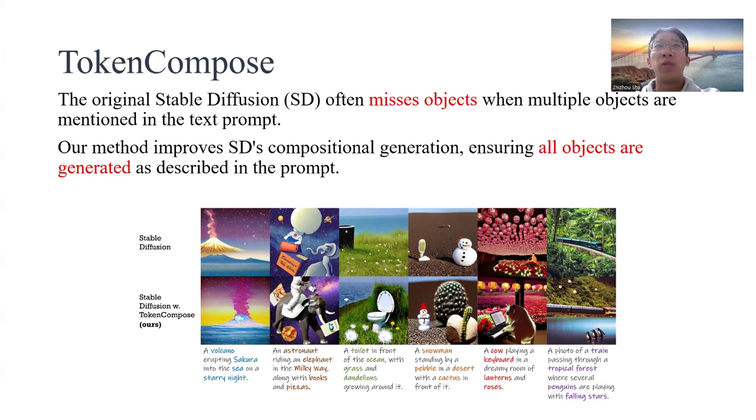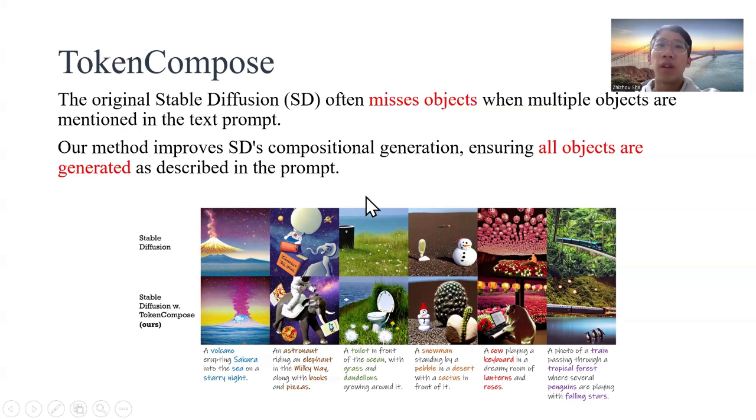The motivation of this project is that we observe that stable diffusion often misses some objects mentioned in the text prompt in complex scenarios, which we denote as compositional generation scenarios. In compositional generation, there are usually many objects mentioned in one text prompt.